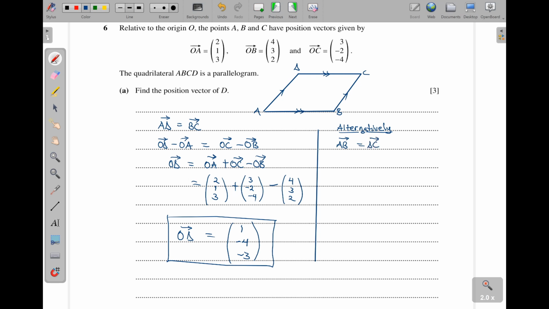Now, do you see that even this one, we are going to have OB, the last minus the first one. Okay, even here, OC minus OD. Now, I can bring this OD to this other side such that it becomes a positive. Okay, then I take these ones this side.